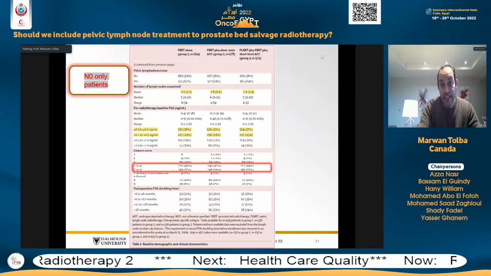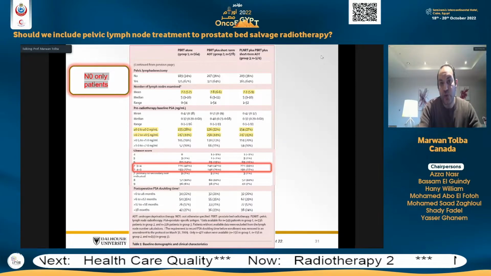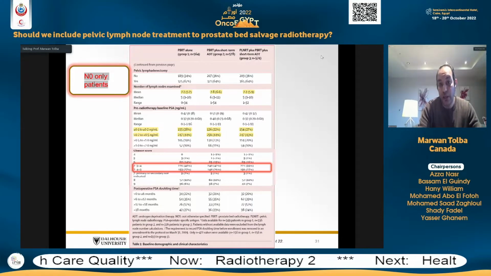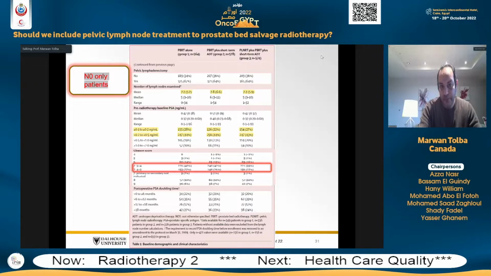However, they excluded the patients with N+ disease, so they included only N0 disease. And if we dig into the details, the Gleason score for most of these patients was 7, either 3+4 or 4+3.